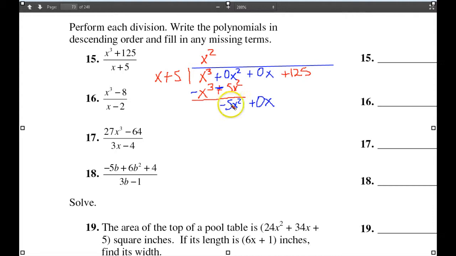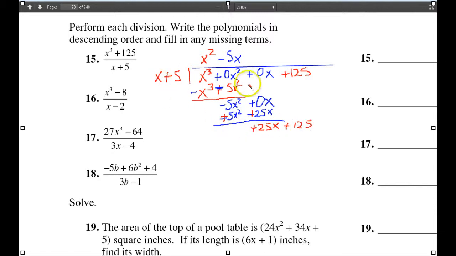Now x will go into there, negative 5x times. This becomes a negative 5x squared. This becomes a negative 25x. Change my signs. This becomes a positive 25x. And I bring down my 125.